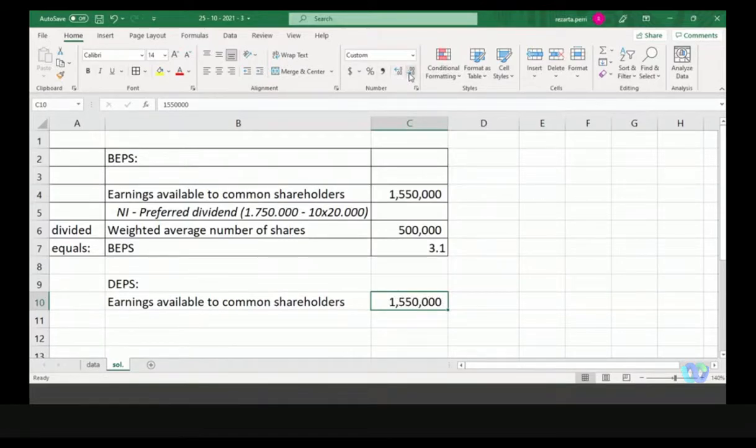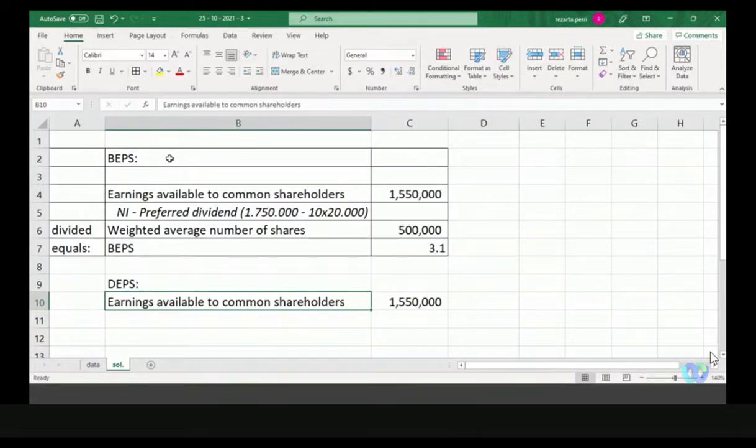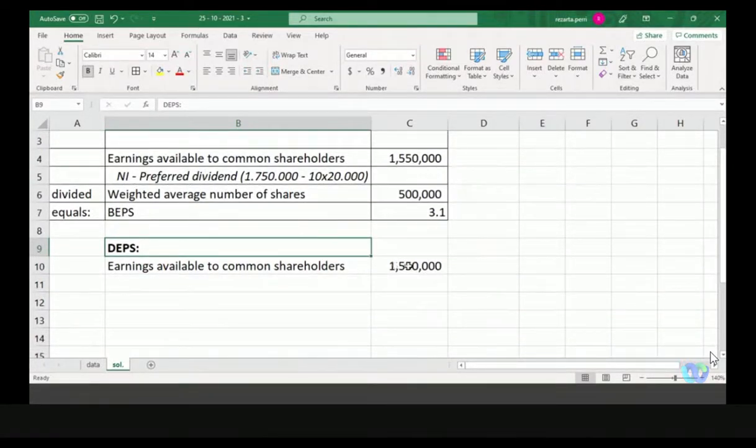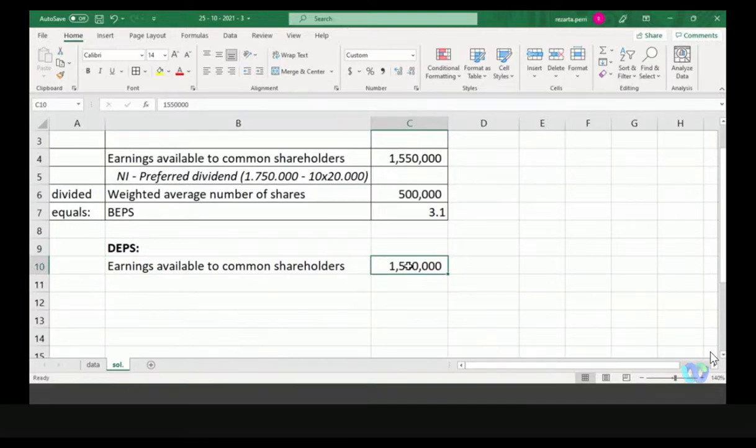And this is the amount that we are going also to take into consideration in the calculation of diluted earnings per share, because after converting the preferred shares to common shares, nothing changes in the amount of earnings that are available to our common shareholders. So earnings available to common shareholders, when we calculated the basic earnings per share, and when we calculate the diluted earnings per share, the common starting point is going to be the same.